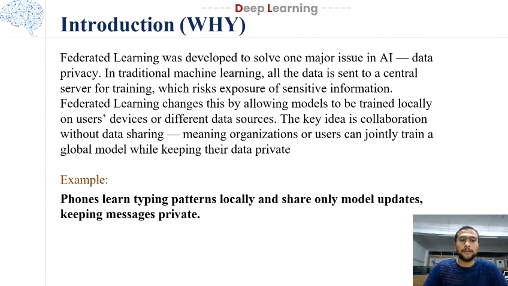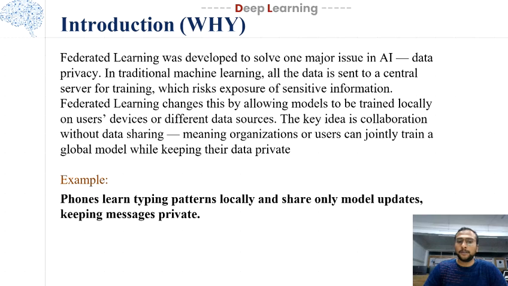Now let's understand why federated learning was introduced. Federated learning was developed to solve one major issue in AI, that is data privacy. In traditional machine learning, all the data is sent to a central server for training, which risks the exposure of sensitive information. Federated learning changes this by allowing models to be trained locally on users' devices or different data sources.